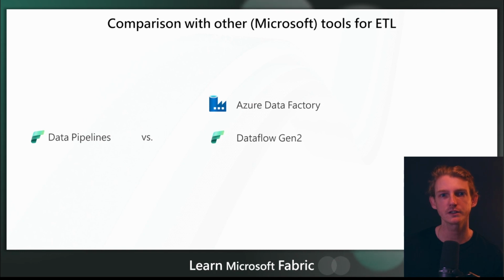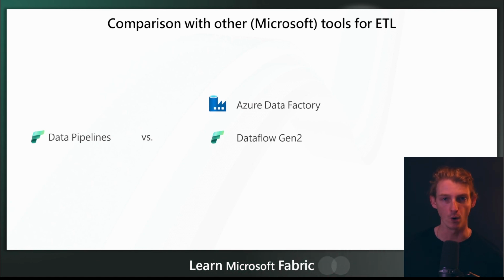And if you watched my last couple of videos about dataflows, I talked about the differences between dataflows and data pipelines. But just to recap on those, dataflows offer a lot more connections. Data pipelines are a lot quicker than dataflows, at least currently. And with data pipelines, we can do much more complex transformation logic because we can embed Synapse notebooks in there, so we can do Python.